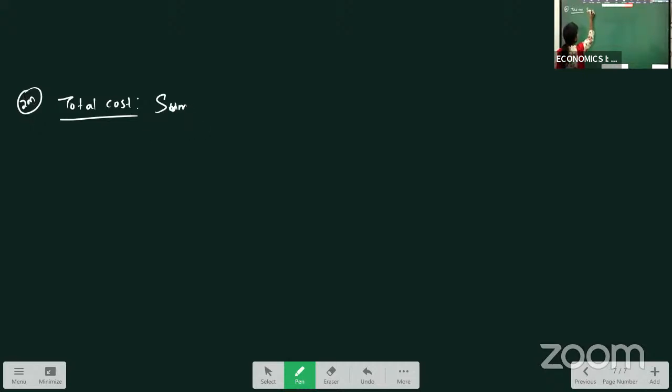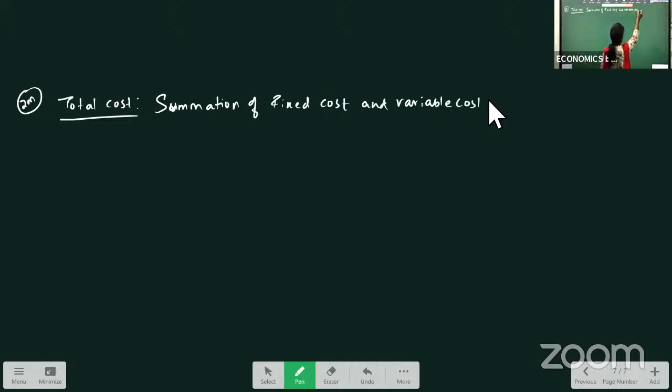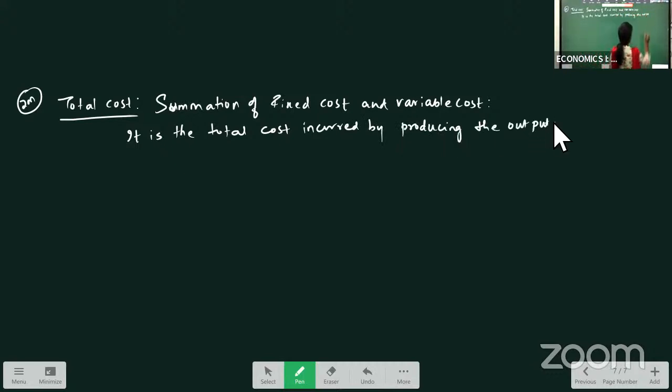It is the total cost incurred by producing the total output.